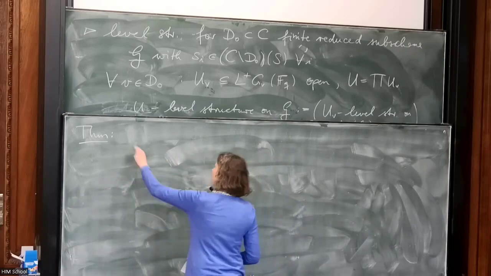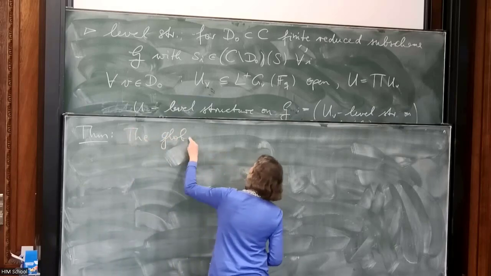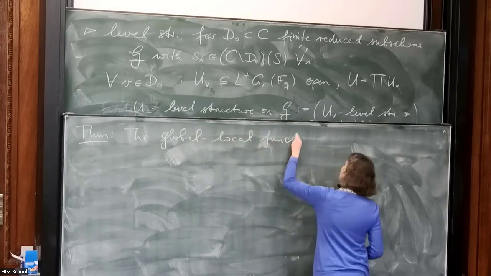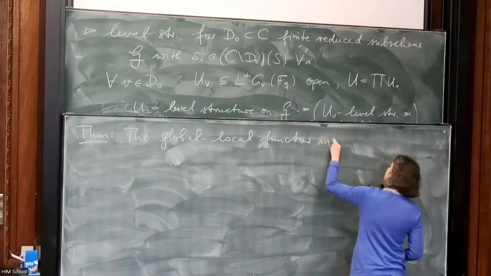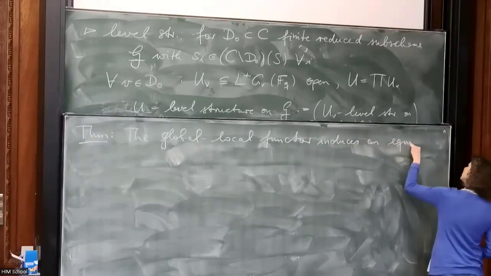Let's just write: the global local functor induces an equivalence of categories.